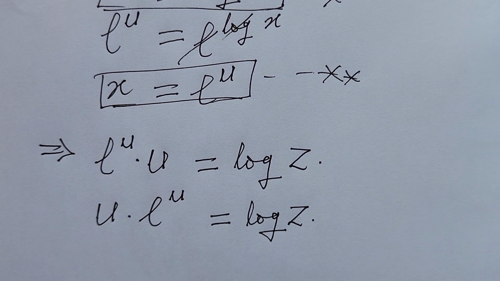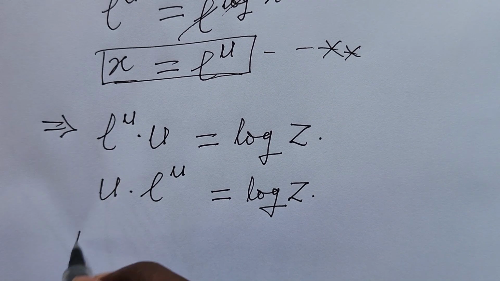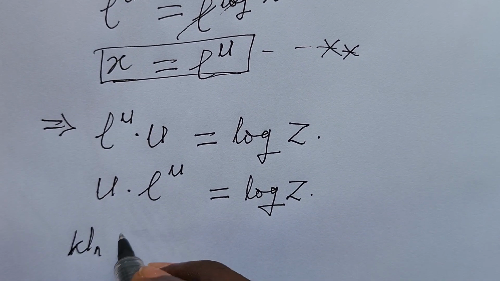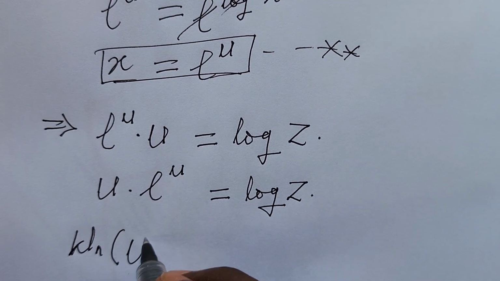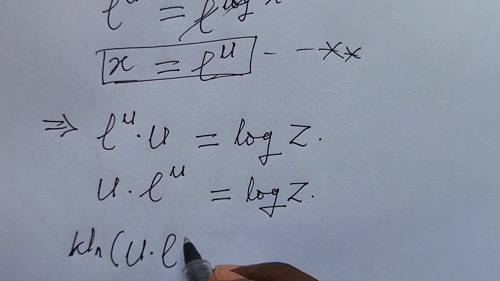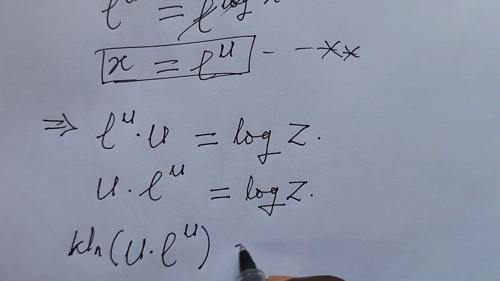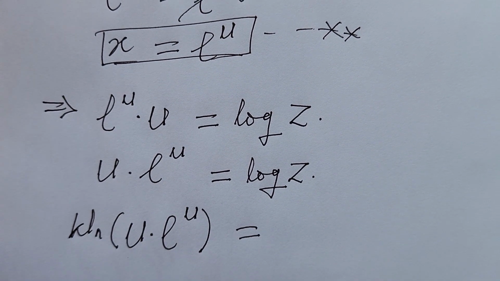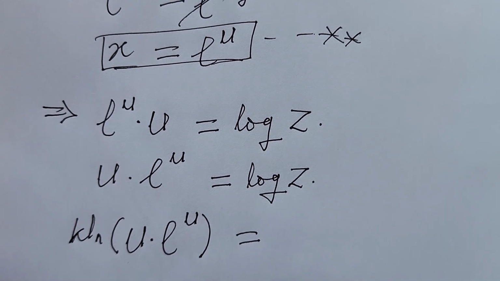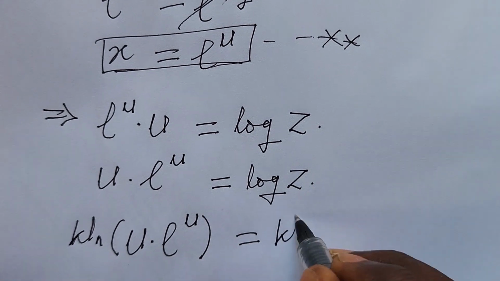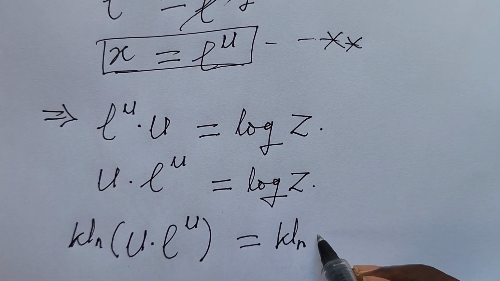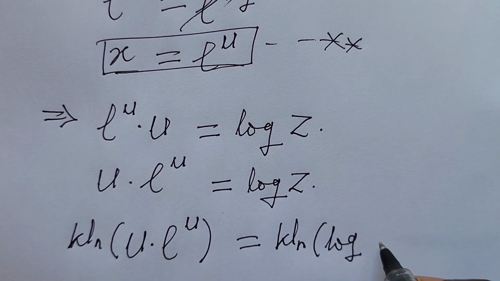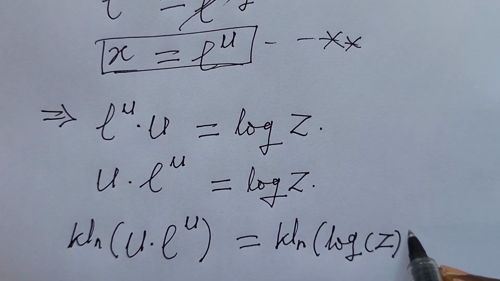So we want to take the Lambert W function of both sides of the equation, and doing that is very easy. So this will give us W of u times e to the power of u. So long as we are doing that to the left hand side of the equation, we must do that same thing to the right hand side of the equation. So this will also give us the W function of log of z.